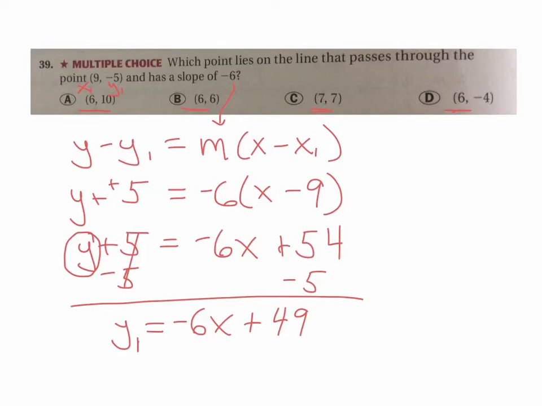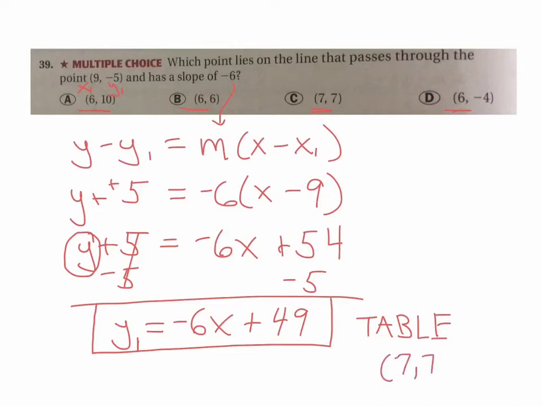When you plug this into your graphing calculator and press that table button, what you will see is the point 7, 7 is on your table, which means your answer to this problem is C. Okay, let's take a look at another one.